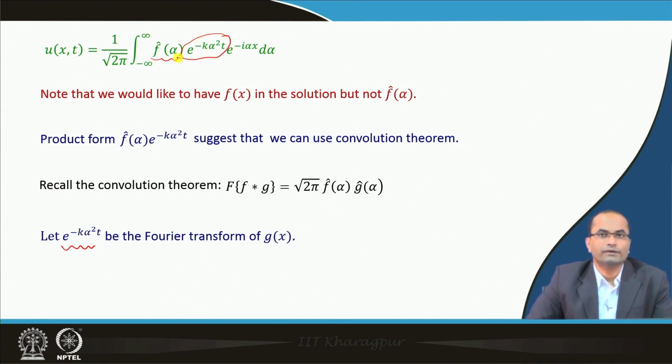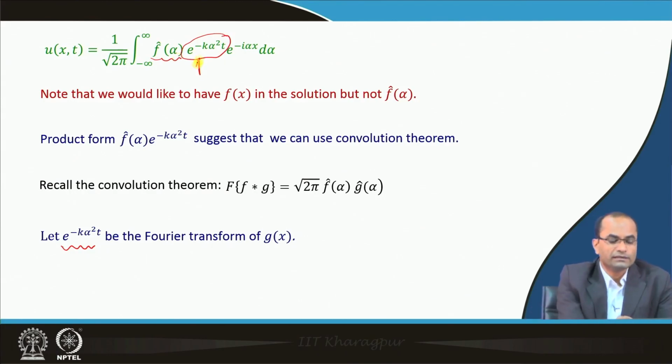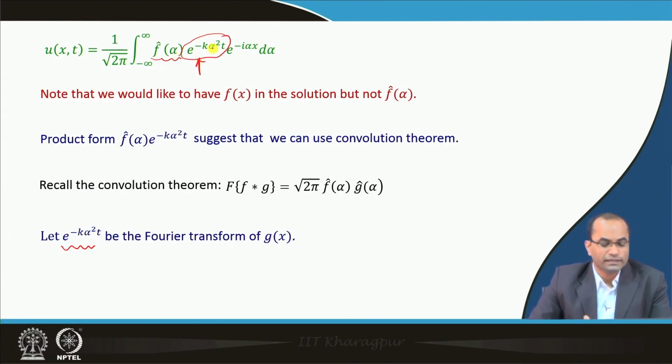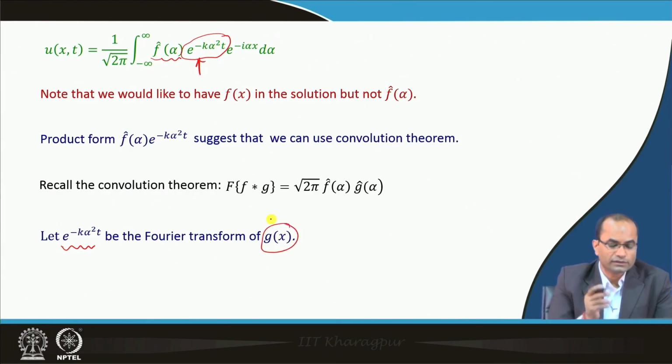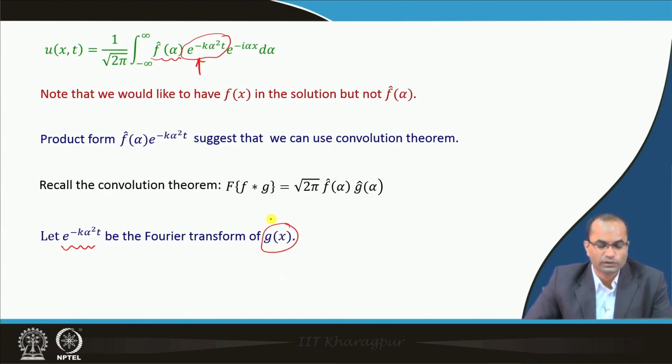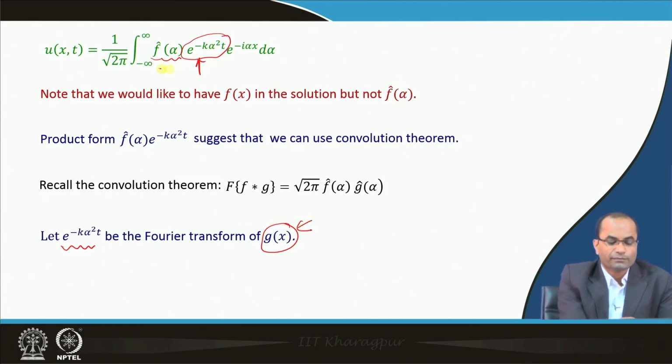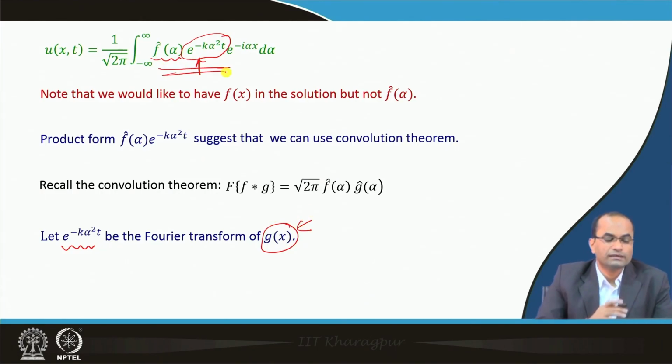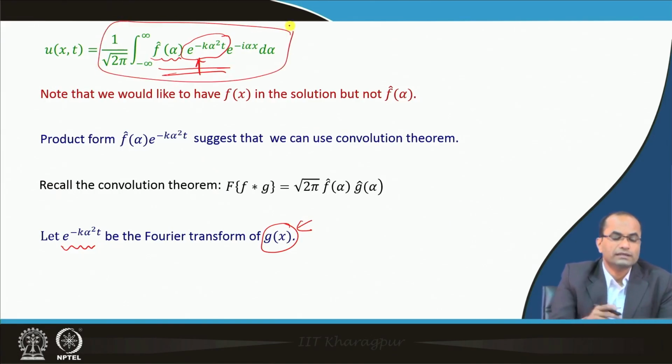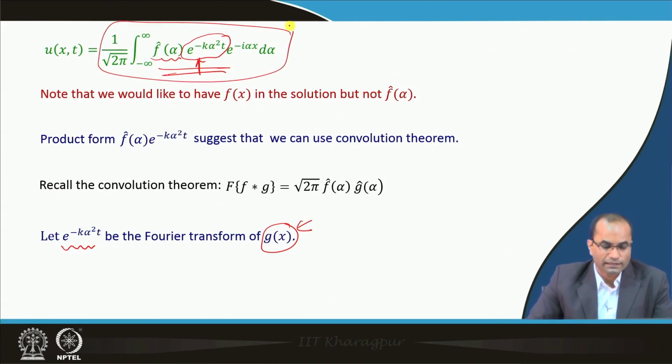The Fourier transform of f we know. The second part here is e power minus k alpha square t. So, we assume that this is the Fourier transform of g(x), and once we get this g(x), we can apply the convolution theorem, write this integral as a convolution, and get rid of f hat.